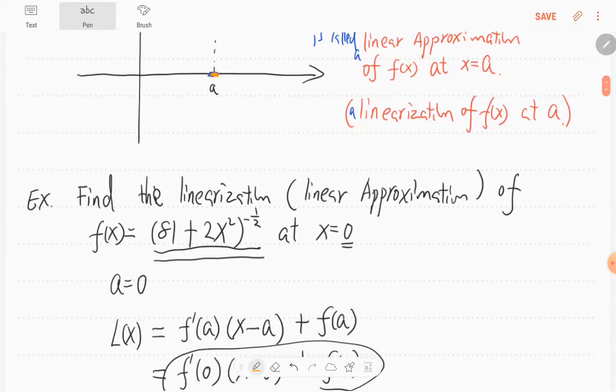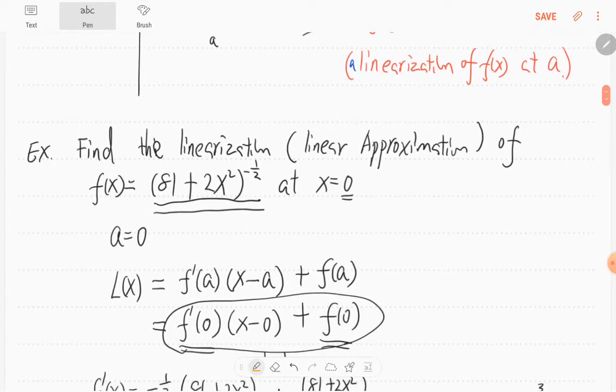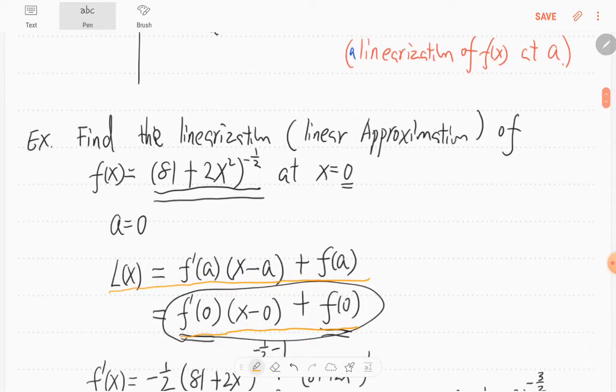We use the formula we have: the linearization L of x is given by f prime of a times x minus a plus f of a. If you plug in a equals 0, you will have f prime of 0 times x minus 0 plus f of 0.